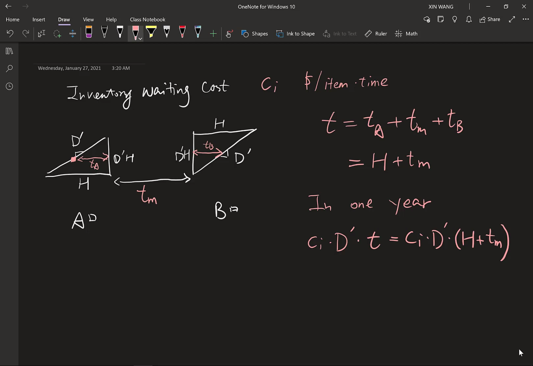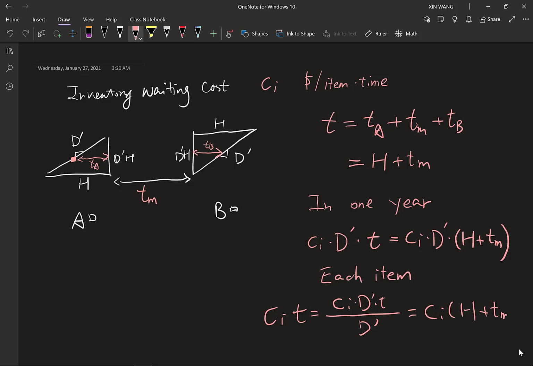And also we want to calculate the waiting cost for each item. Similarly, we divide this by the total demand. So this gives us CI T, or you can write it as CI times H plus Tm.